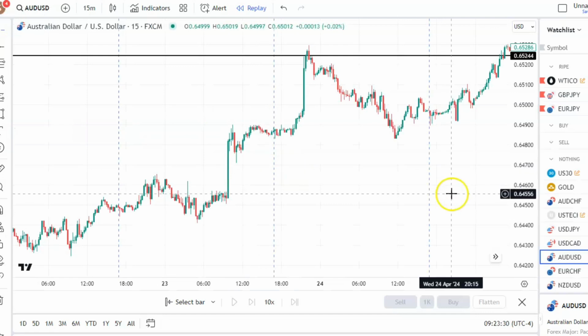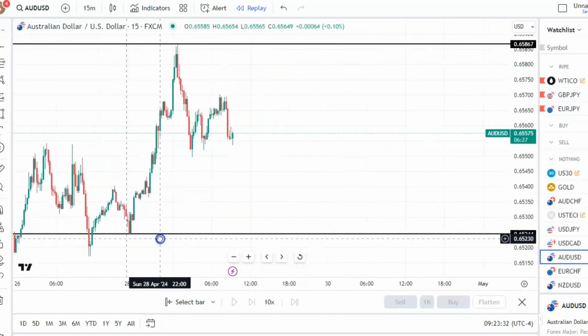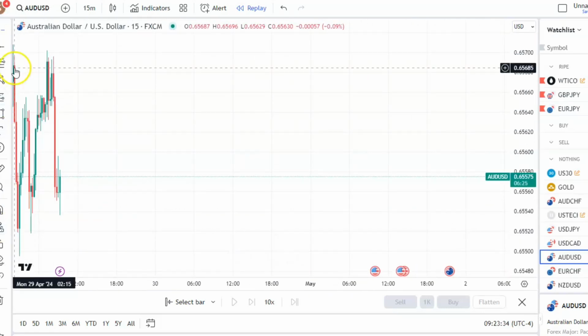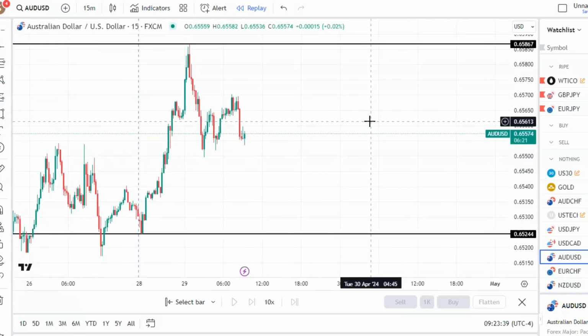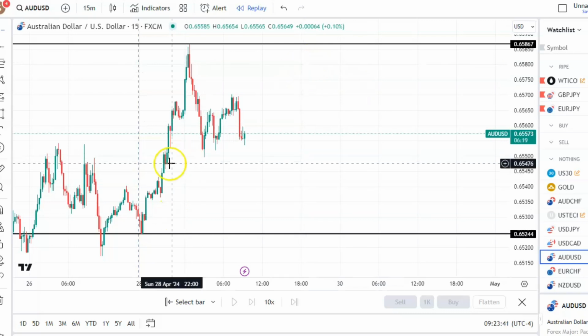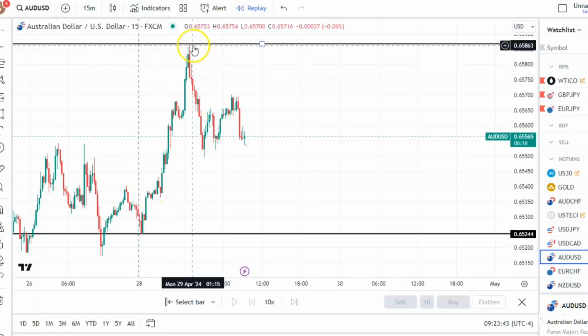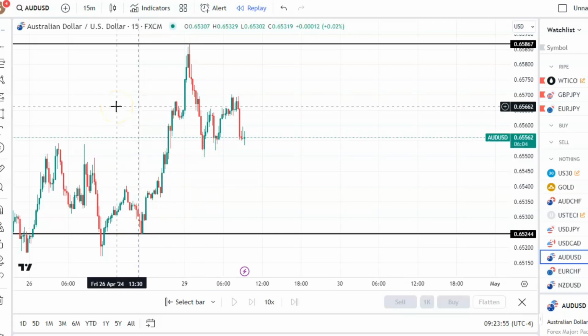Number one is the failed breakout. Now, for us to understand a failed breakout, we need to understand the high and the low of the week. And this is a very good example because this is Monday. And as you can see, Monday has set the high and the low of the week, because this is when the week actually opens. Now, the high and the low of the week is not rigid.